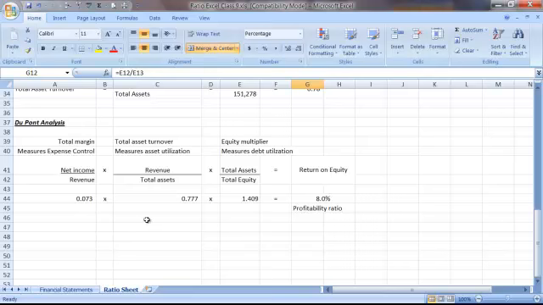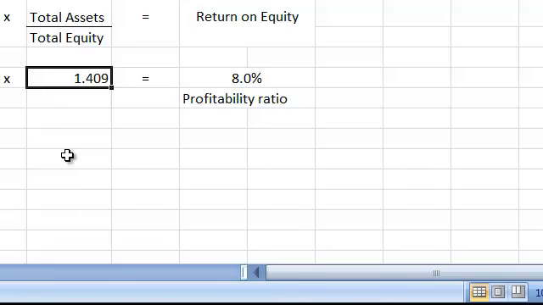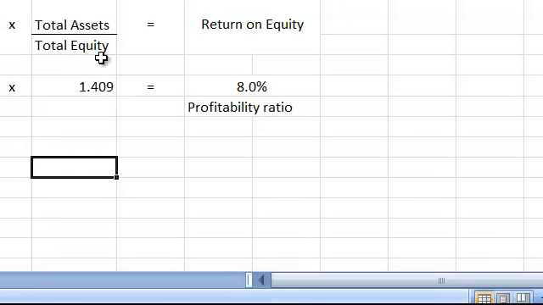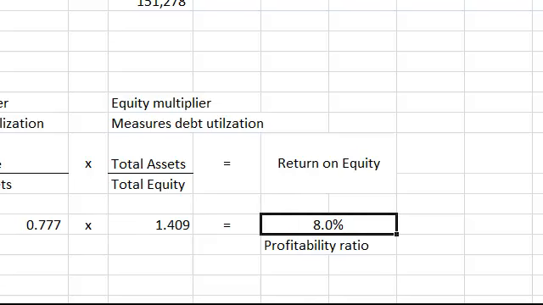These two were ratios that we calculated already up here. This one I just calculated in this cell. It's right off our financial statements, and you can see I took my total assets by my total equity right off the balance sheet. And that all, believe it or not, multiplies out.